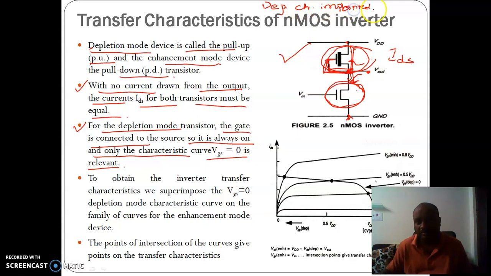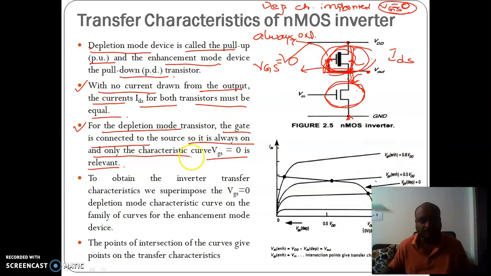So if VGS is just greater than 0, or for a negative value of VGS also, the transistor will be on. For VGS equal to 0, definitely the transistor will be on. Gate directly connected to the source means VGS is equal to 0, so this depletion mode transistor will be always on.